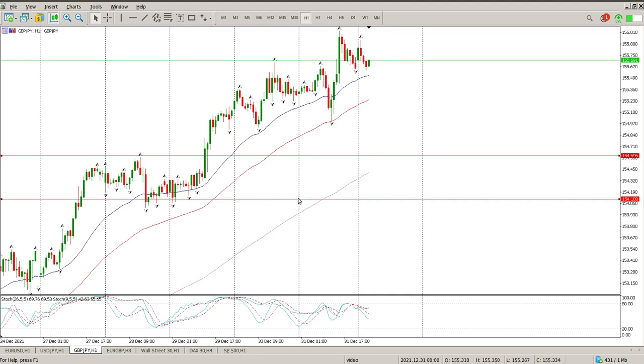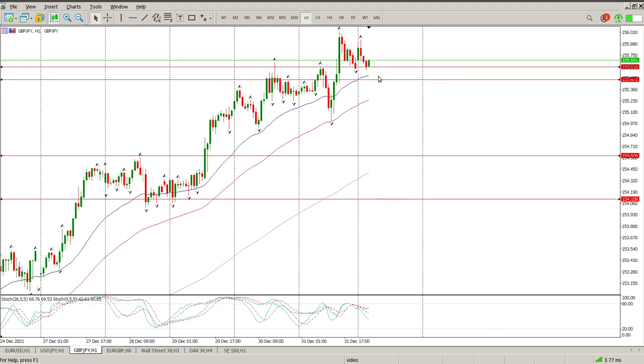Now, the pullbacks are quite deep at the moment, and if you look, the trend has been fairly strong to the upside. So just trading off the hour, this is one of the areas to pay attention to, and then the second area is a little bit lower down.